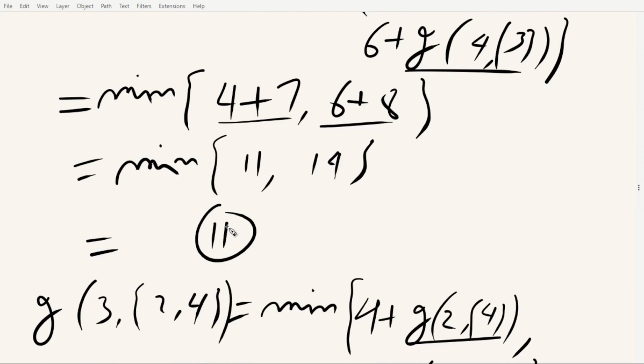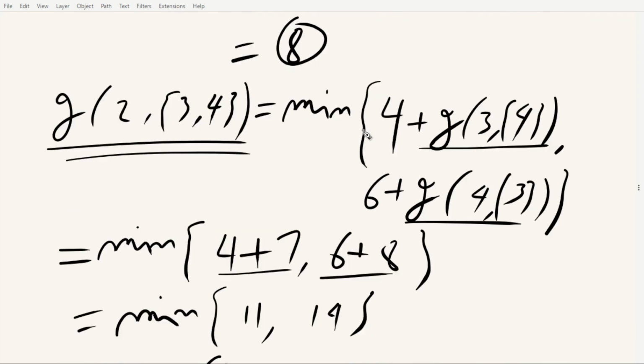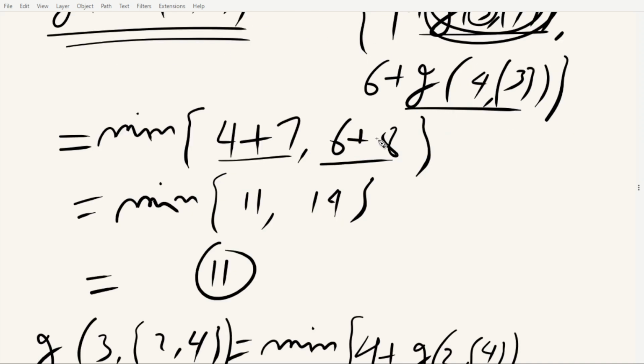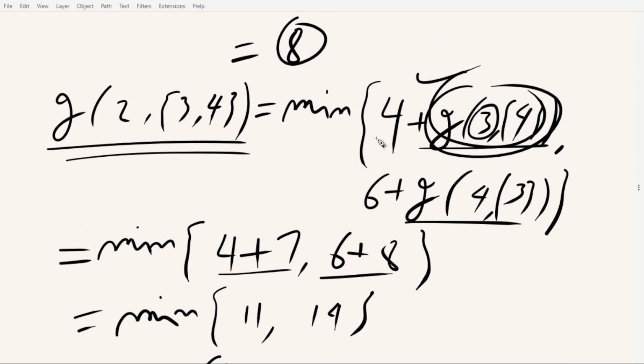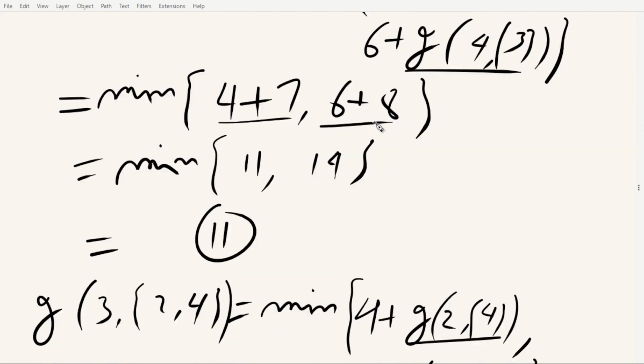Minimum value is 11. It is from the first choice. First choice means we are following this path. So we have taken this vertex 3. So after 2 we have 3.